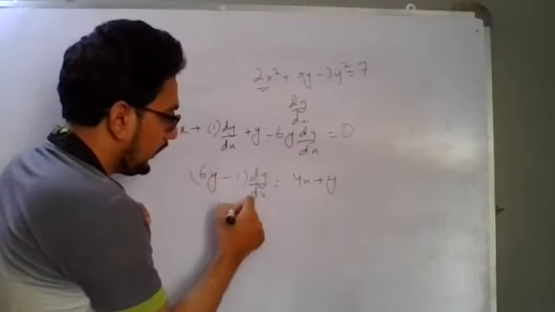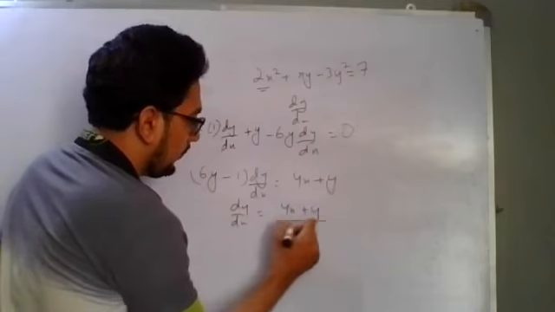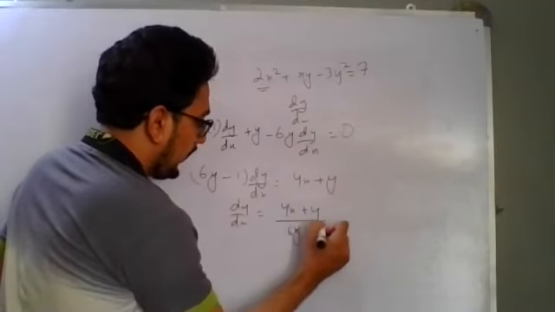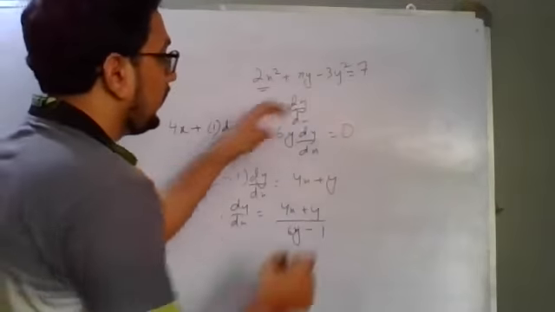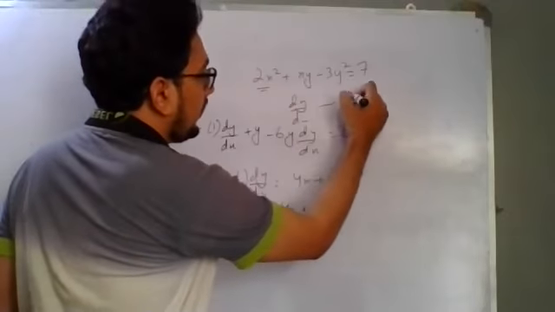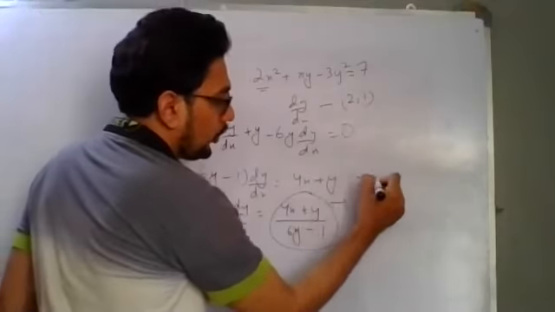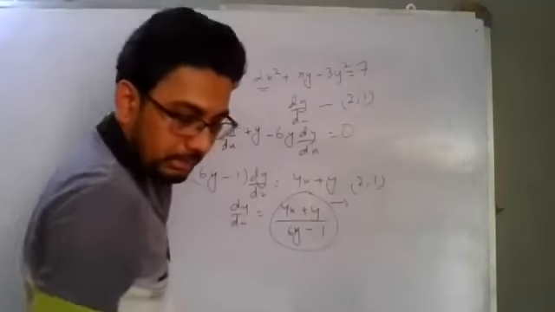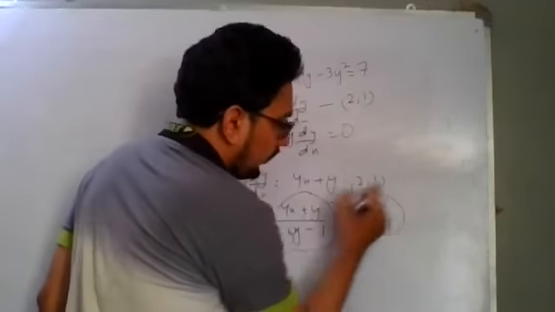Dy over dx becomes 4x plus y upon 6y minus 1. At the point 2 comma 1, substituting the values, I get a final value of 9 over 4.